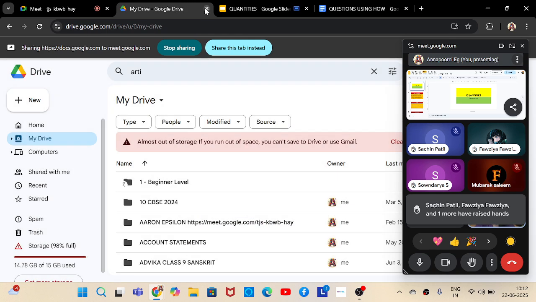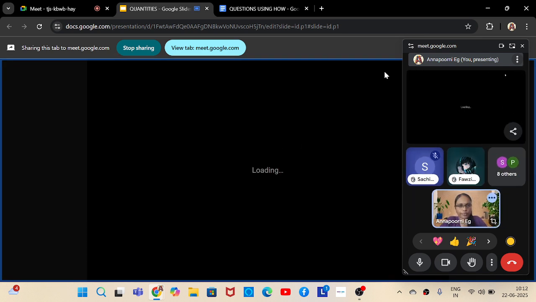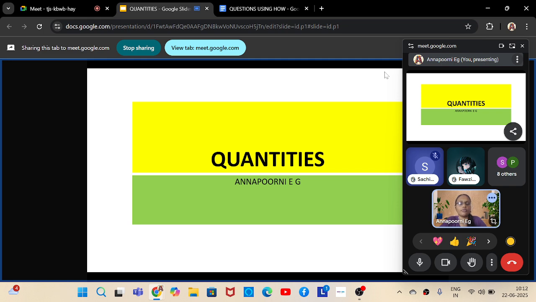Today's topic is going to be quantities. Quantities is something that we have to know because there are plenty of quantities that we can measure. There are quantities that can be measured and counted, but at the same time, there are quantities that cannot be counted, but they can still be measured.